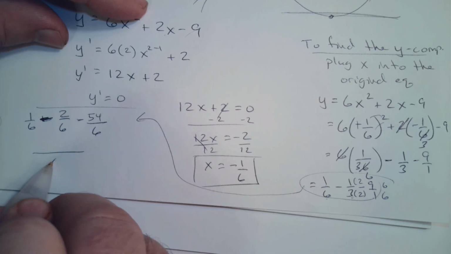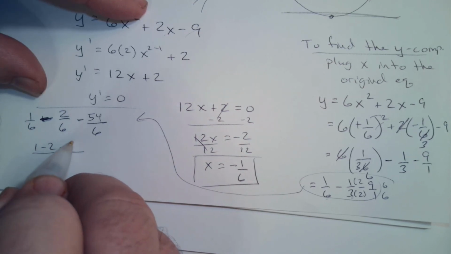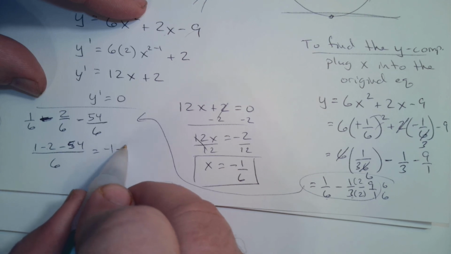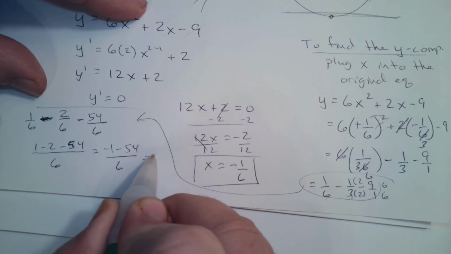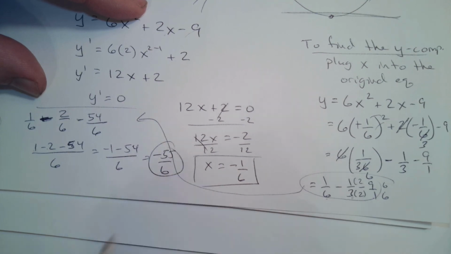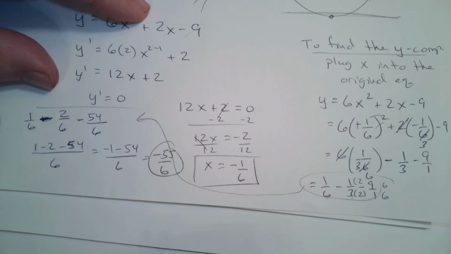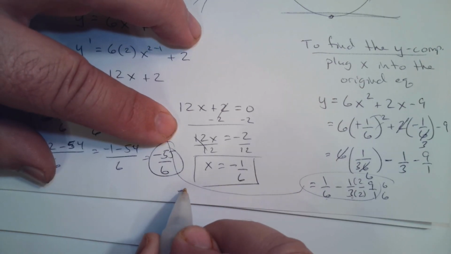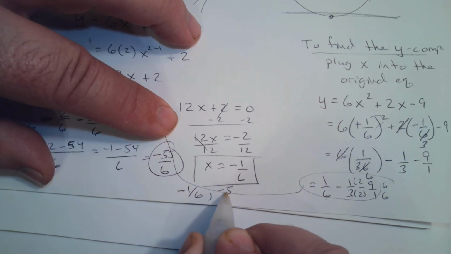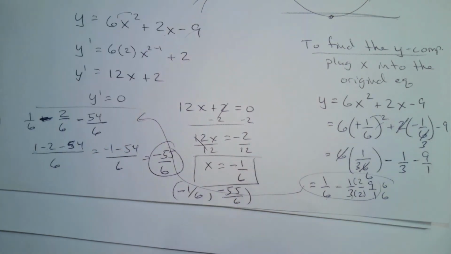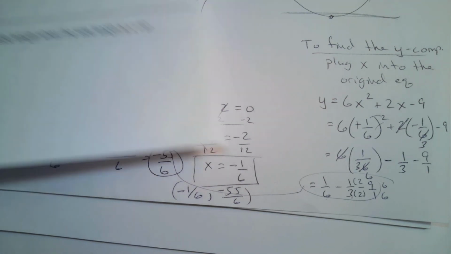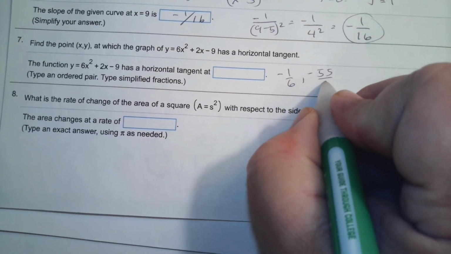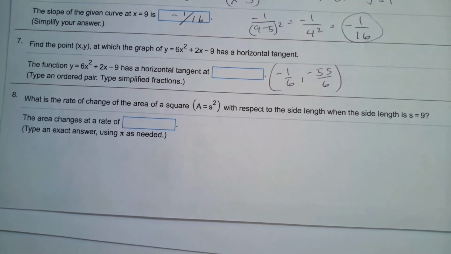Since we have a common denominator, we don't have to worry about the bottom. 1 minus 2 is negative 1. Minus 54 is negative 55 over 6. That's the y component. So our answer is at negative 1 over 6, negative 55 over 6. That's the point where the horizontal tangent is.